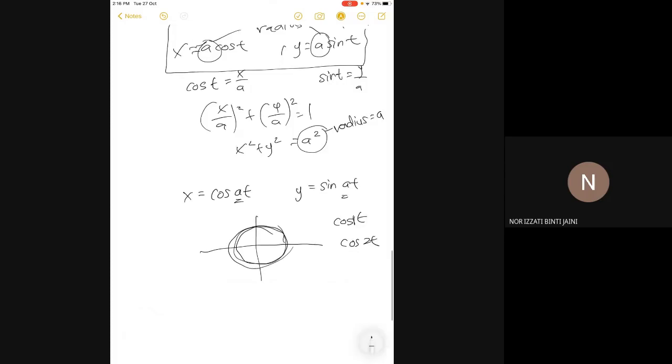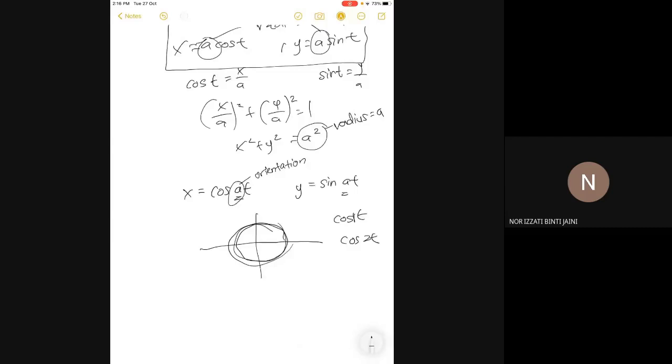So this has something to do with orientation, not radius. Understand?